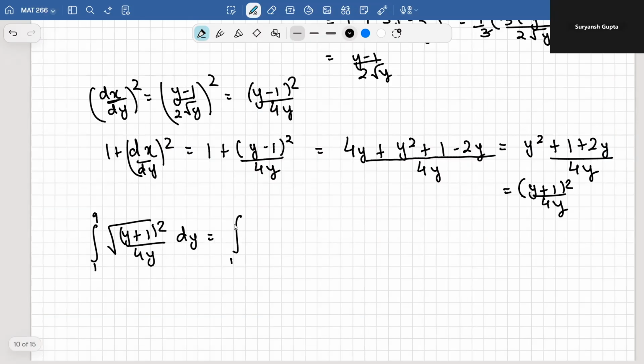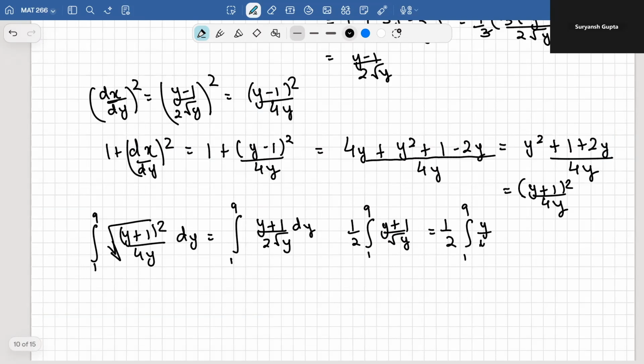I can take the square root in and I get y plus 1 divided by 2 root y dy. Next I can take 1 by 2, which is a constant, outside. So 1 by 2, integral from 1 to 9, y plus 1 by root y. I can split my numerators, so I end up getting 1 by 2, integral from 1 to 9 of y over y to the 1 over 2, plus 1 by y to the 1 over 2 dy.